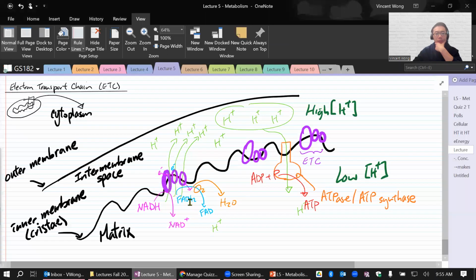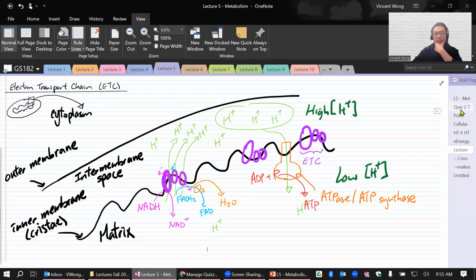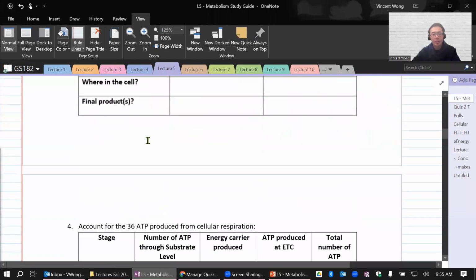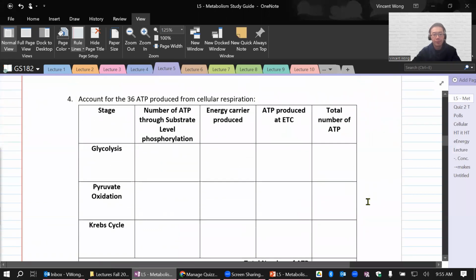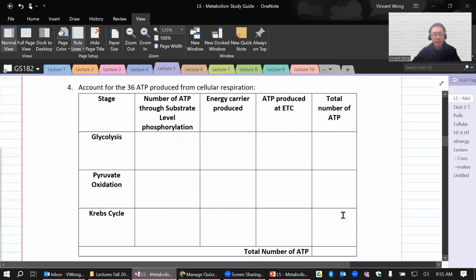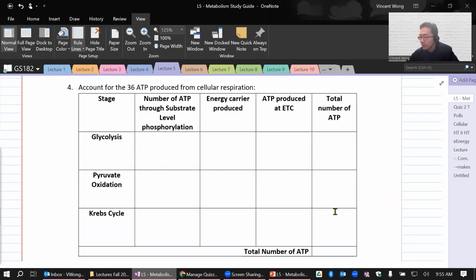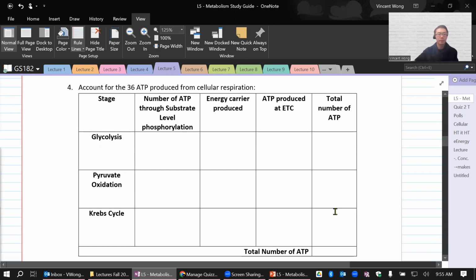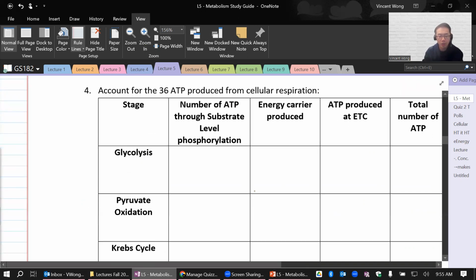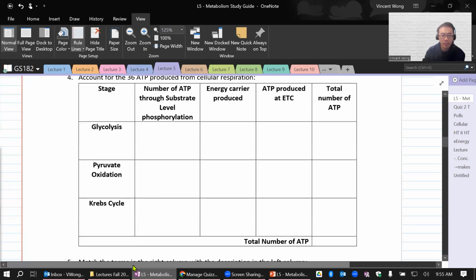Okay, so maybe we go back to here for a second. There is this big table. Give me a moment to find that. All right, so let's try to track all the ATPs that are produced.